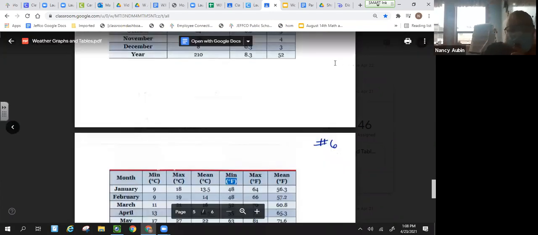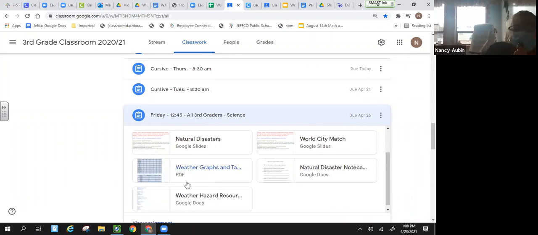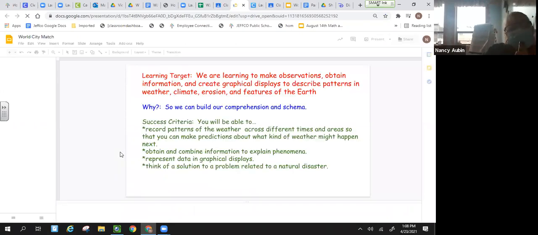Now, if you are in Fridays, actually, I have both. I have it on Friday as well. I did do it. Who knew? So ignore the other things on there. I just wasn't sure where it's going today. So here's the World City Match Google slide. That's where you can click on that and you can get to the map.